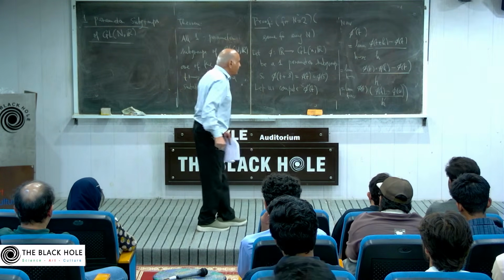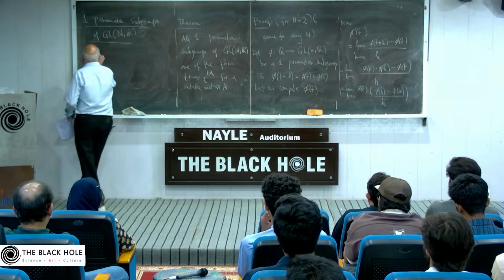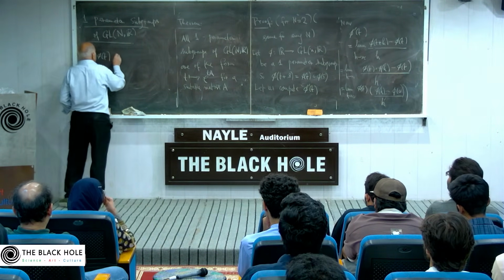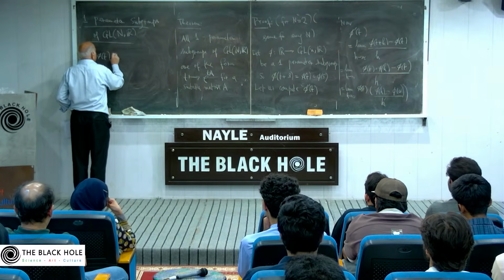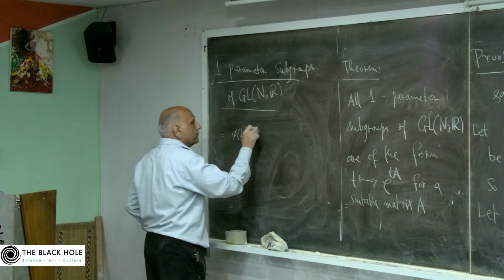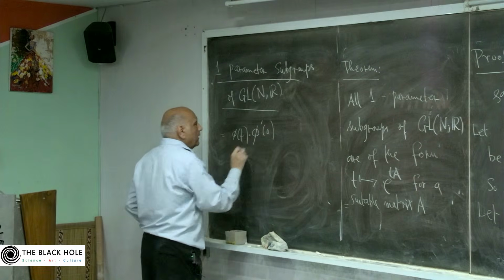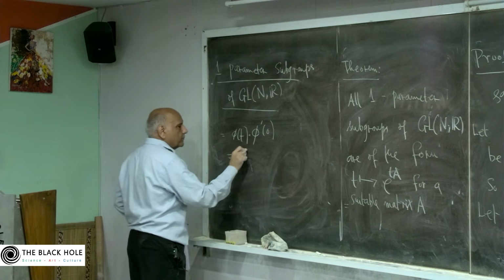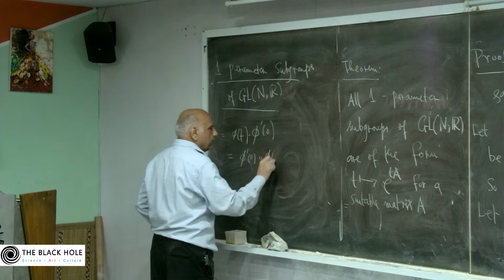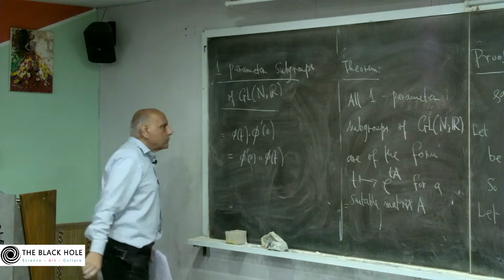So this is equal to phi t times phi prime 0, and this is the same as phi prime 0 multiplied by phi t.